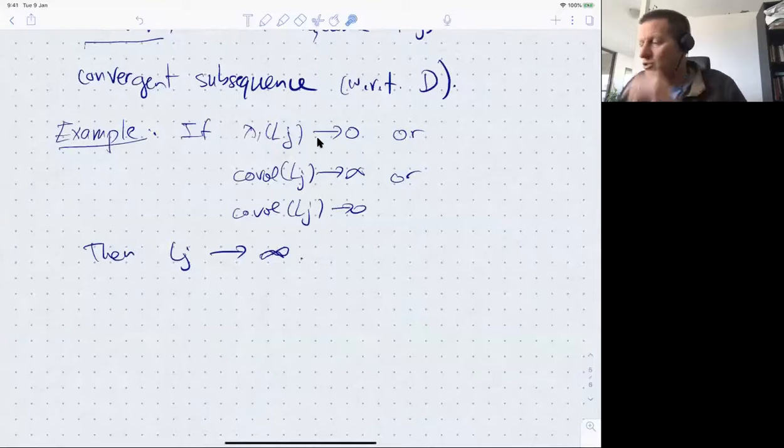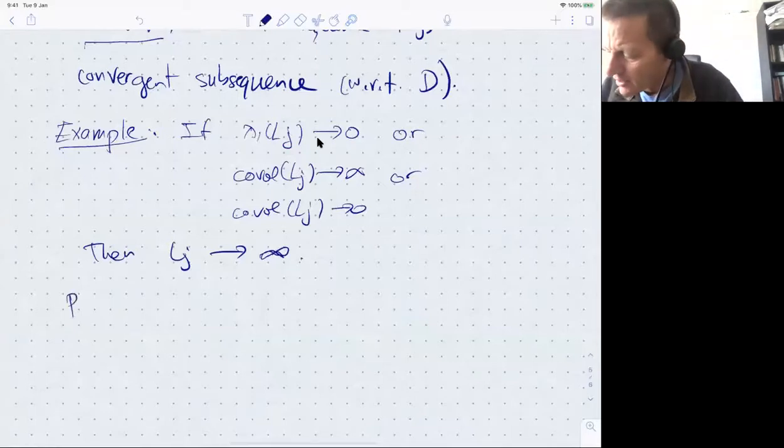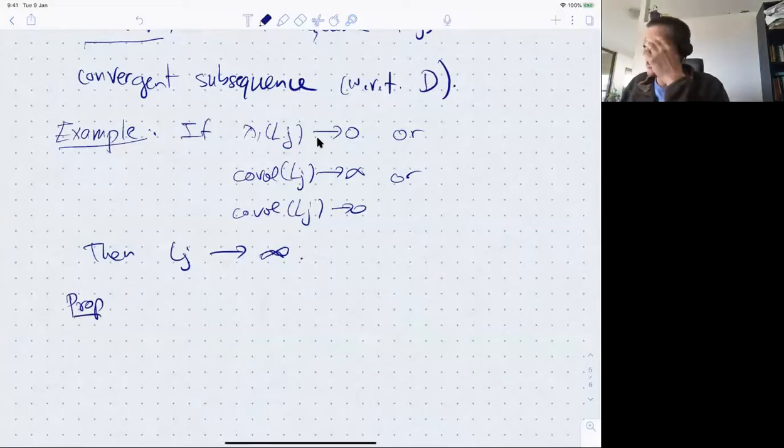Okay, so these are examples of divergent sequences in the space of lattices, and then the proposition says that this is the only reason for a lattice to diverge.